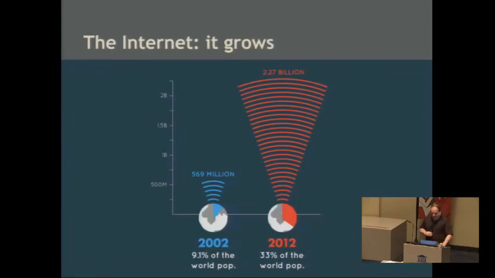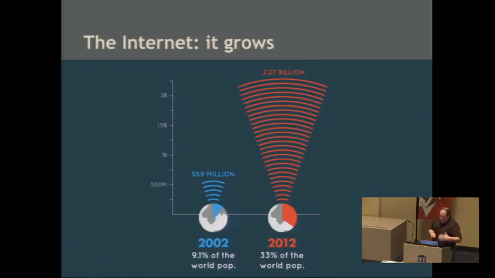So let's talk about DNS. So back in 2000, this is a graphic I got from some site. I forget which one. It has a great infographic about the growth in the last 10 years. It was mostly focused on Facebook. But it shows the number of users. In 2002, we had 600 million users on the internet. And in 2012, we had 2.3 billion.